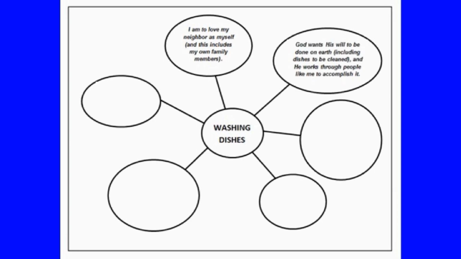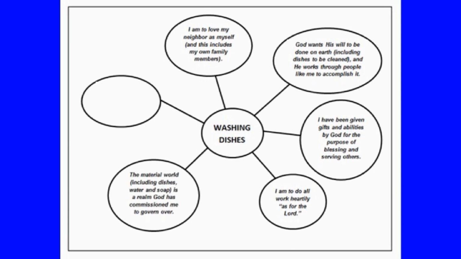God wants His will to be done on earth, including dishes to be cleaned, and He works through people like me to accomplish it. I have been given gifts and abilities by God for the purpose of blessing and serving others. I am to do all work heartily as for the Lord. The material world, including dishes, water, and soap, is a realm God has commissioned me to govern over. I am to love the Lord my God with all my strength.